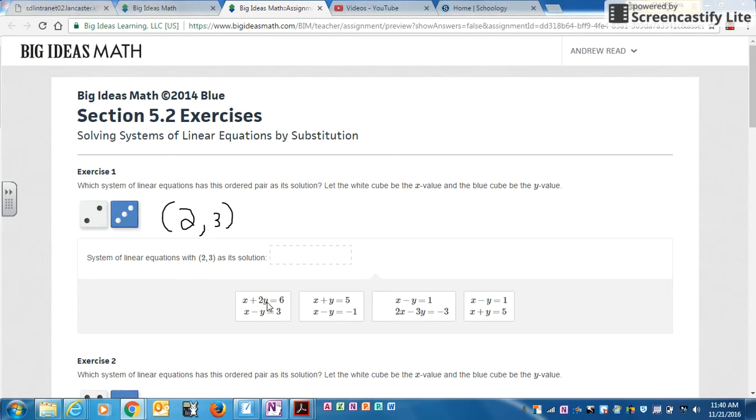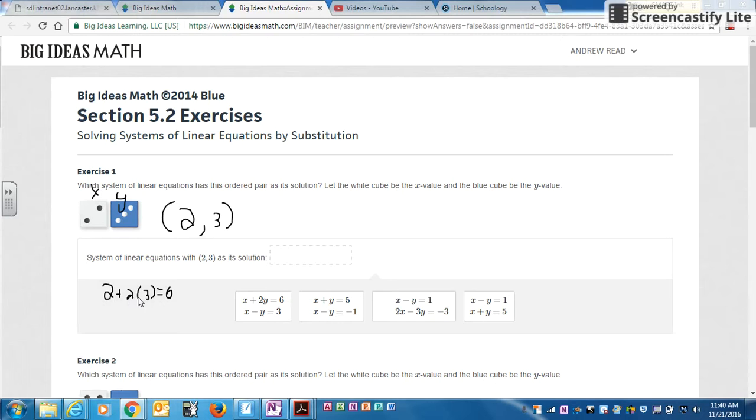So x plus 2y equals 6. So does 2 plus 2 times, and I always put my variable in parentheses, 3 equal 6? So again, x was 2, y was 3, because the white cube is x and the blue cube is y.